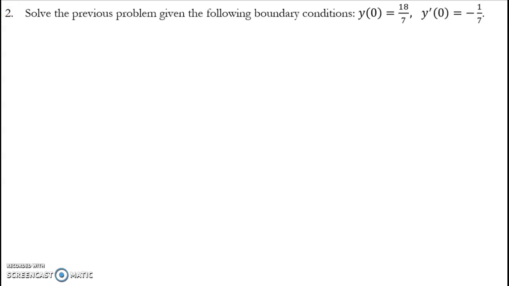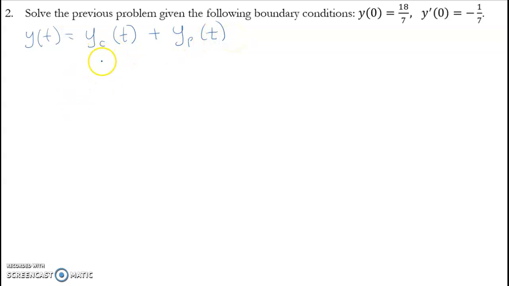All right, so for problem 2, we're using the same previous problem, and we're given additional information, which are our boundary conditions. Essentially we have to find C1 and C2. Our general solution, as you have seen in the textbook, is y of t equals the complementary solution plus the particular solution.